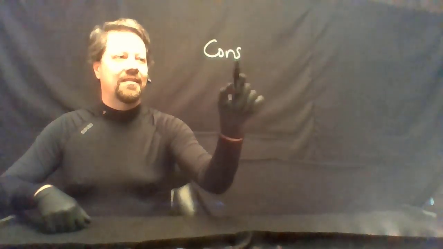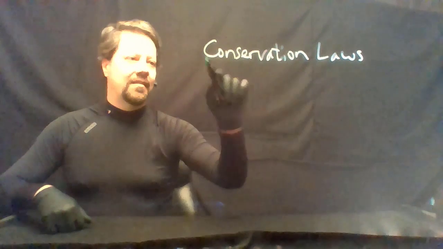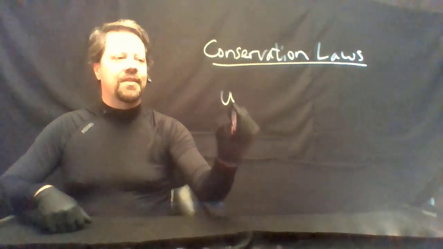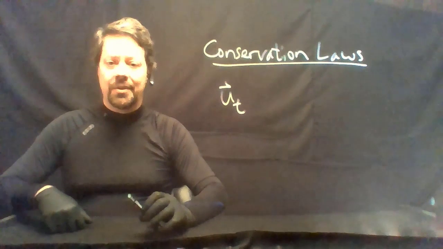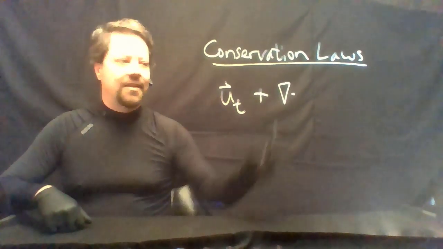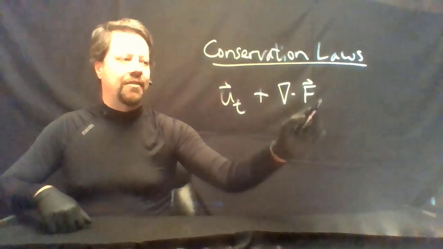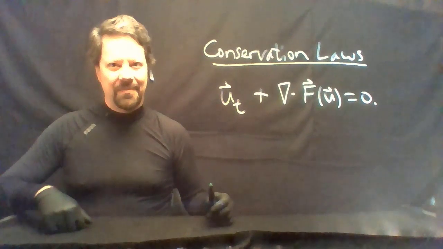Conservation laws, of which the continuity equation is one, representing conservation of mass, are laws of the form some vector-valued function u and its partial derivative with respect to time, plus the divergence of some matrix-valued function f of u equals 0.